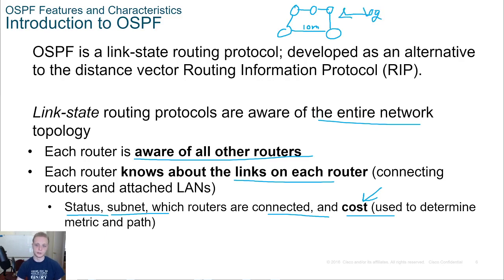I'm not going to put that on all of them. So this is actually a faster path here, but RIP is going to pick this one because it only has the 1 hop instead of 4. Whereas OSPF will take into account cost, which has to do with speed. We'll take speed into account here, and so we'll notice that and take the other path.